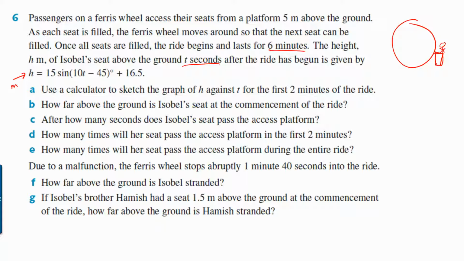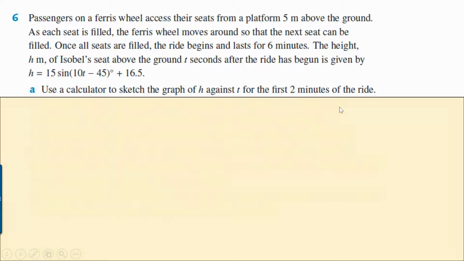The first question tells you to use a calculator to sketch the following graph, h against t for the first 2 minutes, not 6, 2 minutes. First 2 minutes means 60 times 2, which is 120 seconds. So I use my calculator, and this is where I'm saying be careful with where the degree symbol is going to be.